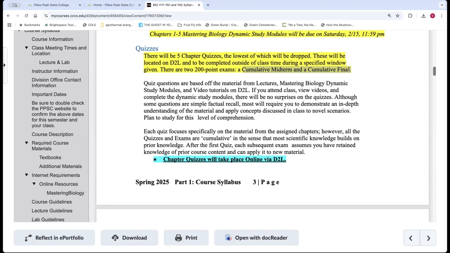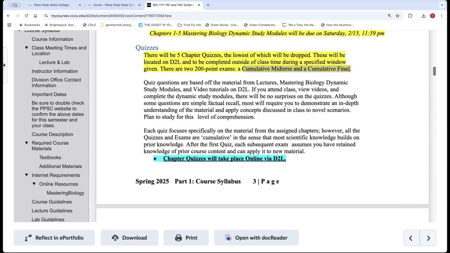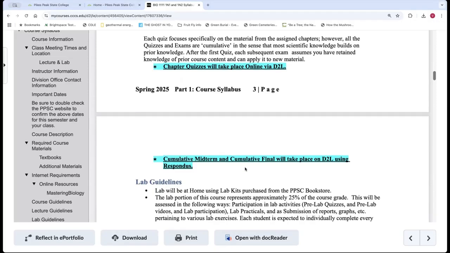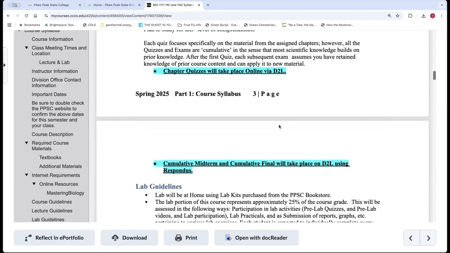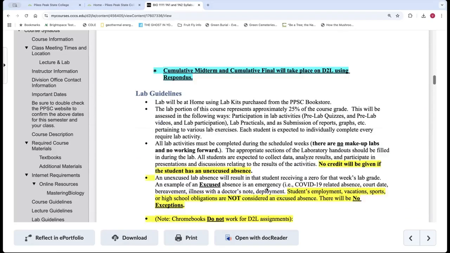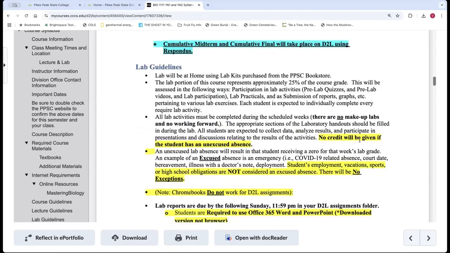Both will be in the quizzes tab, and you will be required to use Respondus. Respondus is required for the midterm, the final, and also the lab practicals.